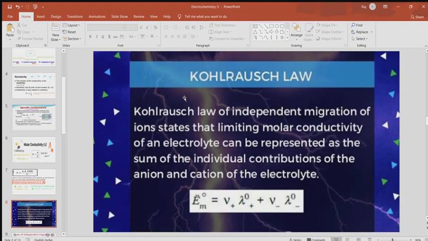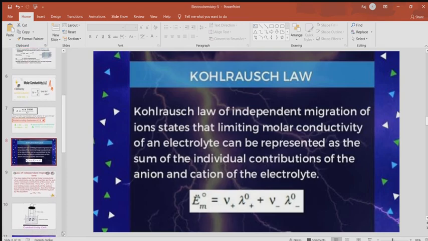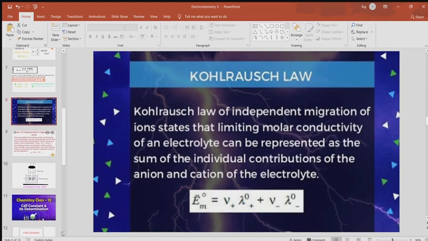The law states that at infinite dilution each ion, meaning cations or anions, will migrate independent of the coion. These two ions, cations and anions, contribute to the total molar conductivity of the electrolyte, irrespective of the nature of the other ion with which it is associated.